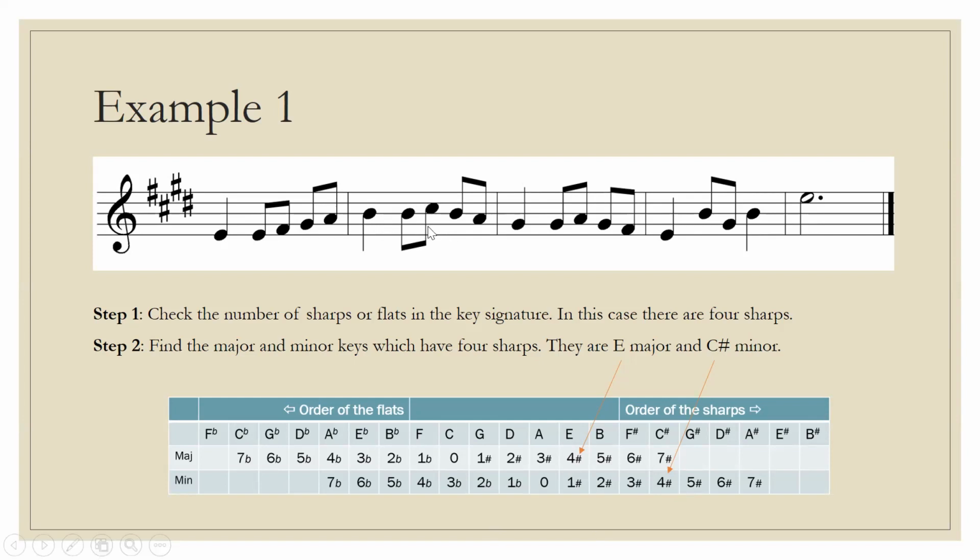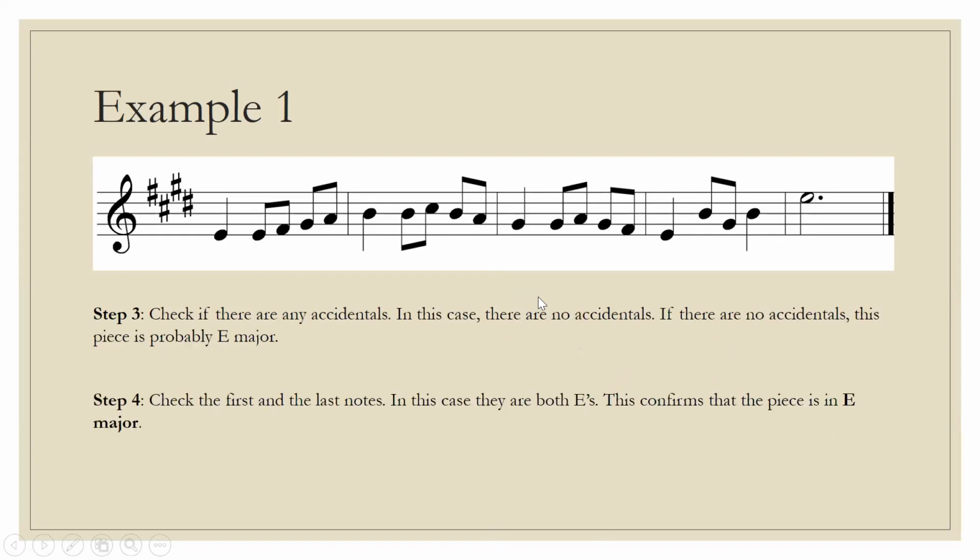Okay, so already we've narrowed this down. This could either be E major or it could be C sharp minor. The third step is to check if there are any accidentals. And you see that there are no accidentals here, no added sharps or flats. The fourth step is to check the first and the last note.